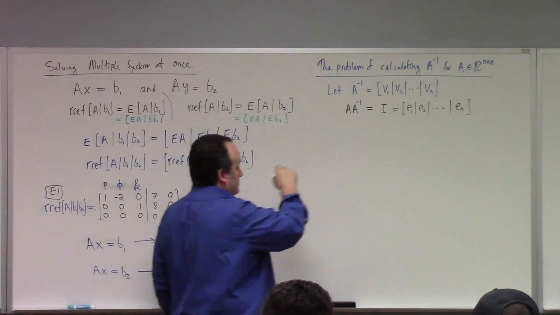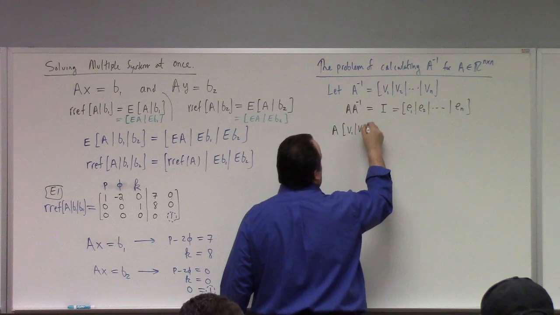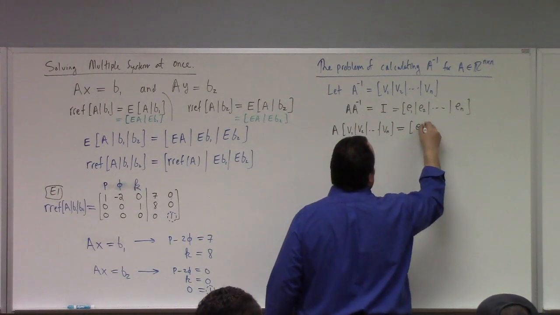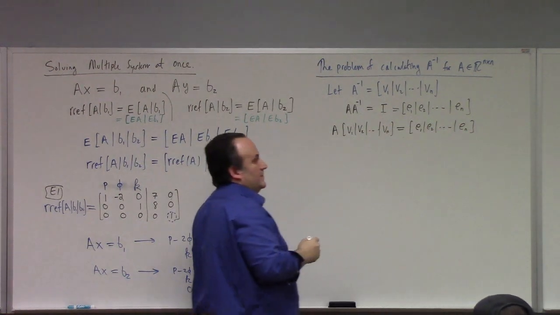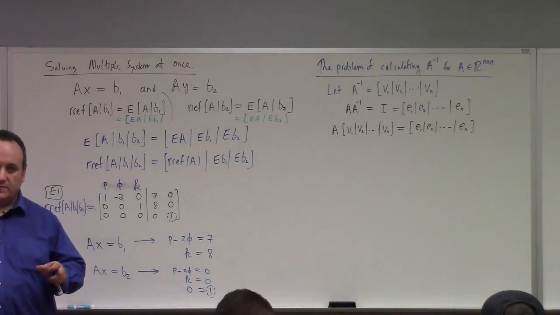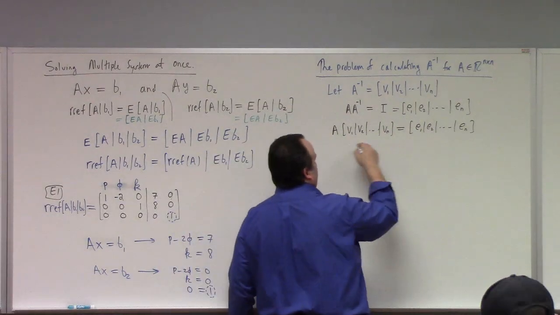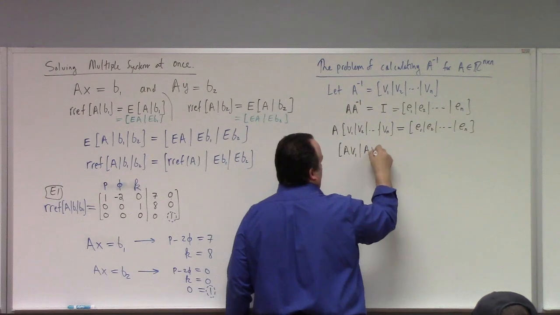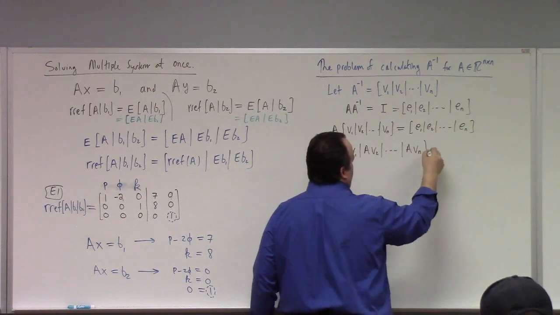Okay, so what is this? Well, this is A times V1, V2, Vn equals E1, E2, En. But we know the column by column matrix multiplication rule, which says that this is actually equal to AV1, AV2, AVn.